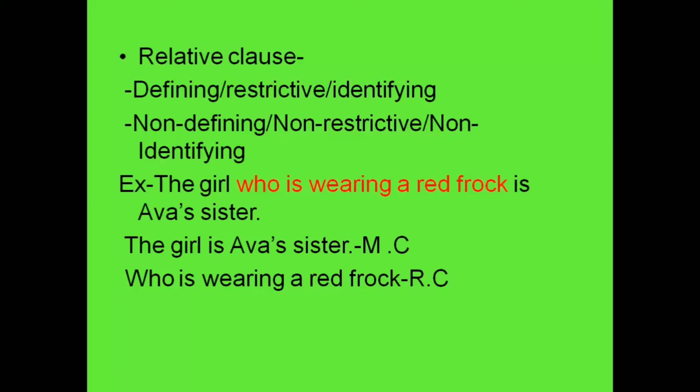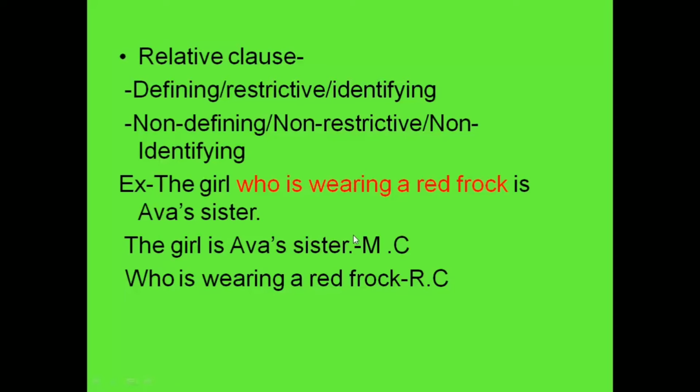Students, relative clauses are of two kinds. One is the defining, restrictive or identifying relative clause. The other is the non-defining, non-restrictive or non-identifying relative clause. Let us discuss the defining relative clause. Take an example. The girl who is wearing a red frock is Abha's sister. Here the relative clause is who is wearing a red frock.